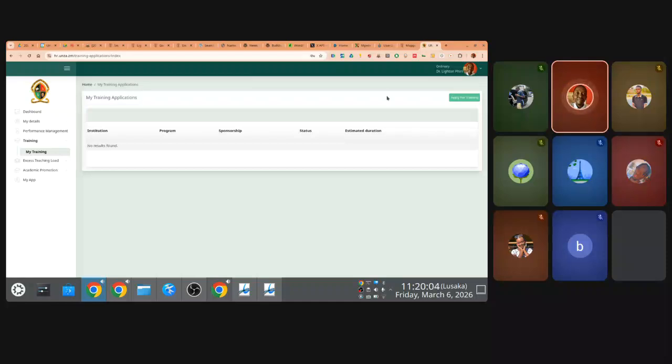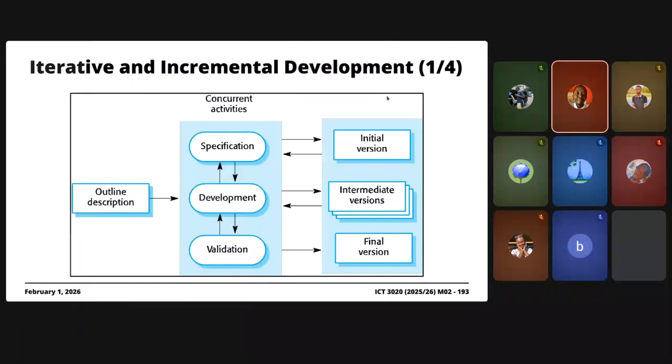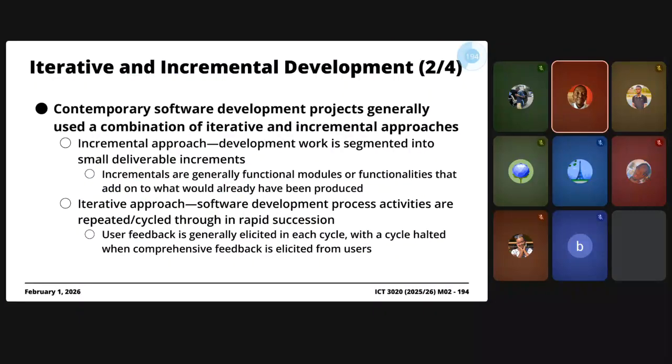So incremental in that the development work is segmented into small deliverable increments, right? So you're delivering value to the client in small increments. It's iterative because you're looping, you're repeatedly going through the SDLC life cycle, right? Anyways, hope this is making sense.